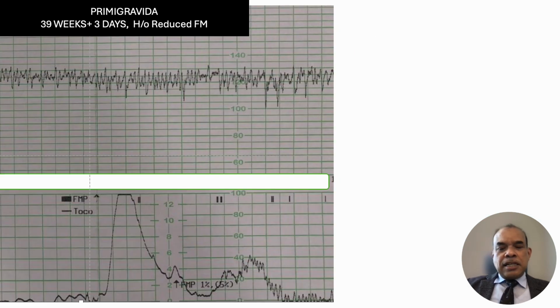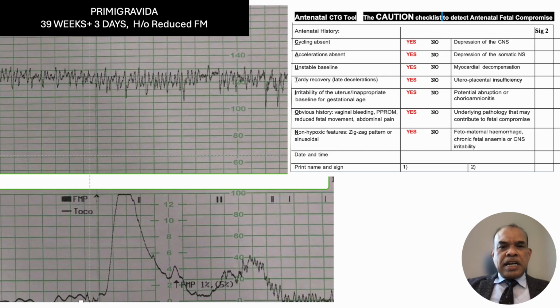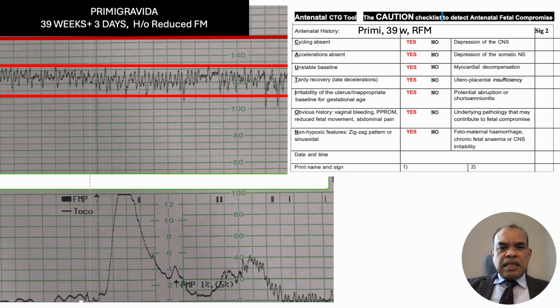And here, let's use the CAUTION checklist. This is the woman who is coming at 38 weeks with a history of reduced fetal movements. And the CAUTION checklist would not be fooled by the large range that is given for the baseline and the variability. And here you can see the variability would be 5 to 25 beats per minute, but the fetus cannot go into deep sleep.